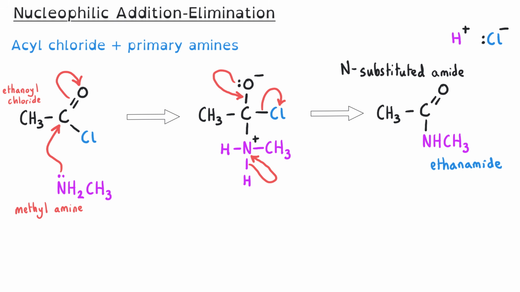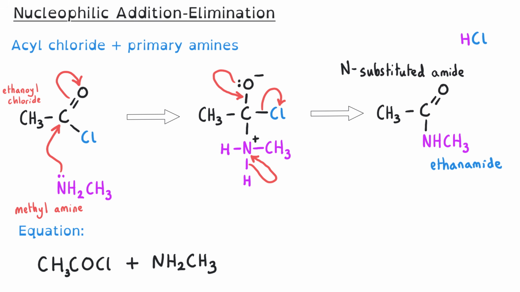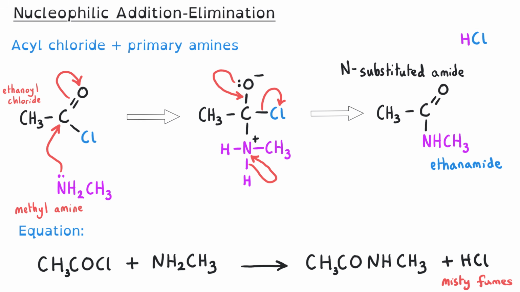And remember, we make our two ions as a product, which would come together to make HCl. So we would refer to this as having eliminated HCl from the molecule. In terms of an equation, we've got our ethanoyl chloride structural formula here. It's reacting with the methyl amine, and we're producing our N-methyl ethanamide and the HCl.